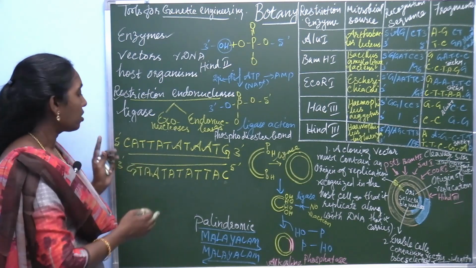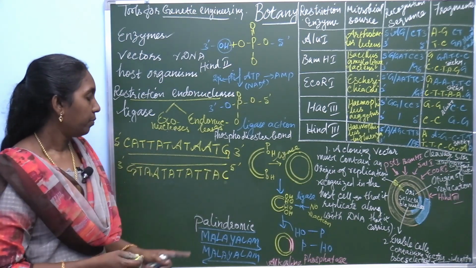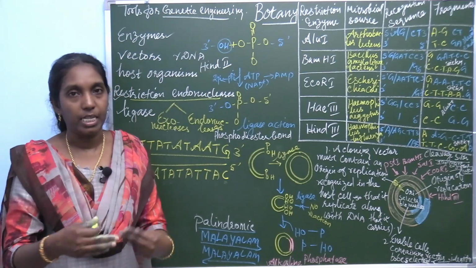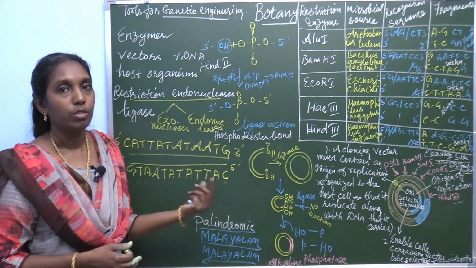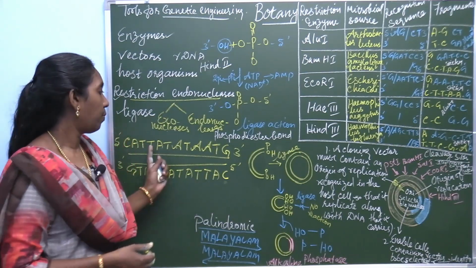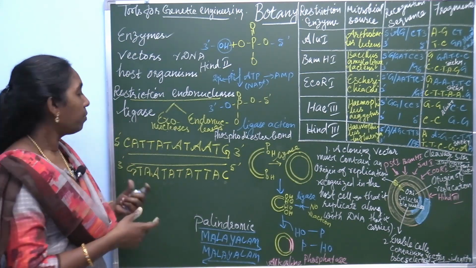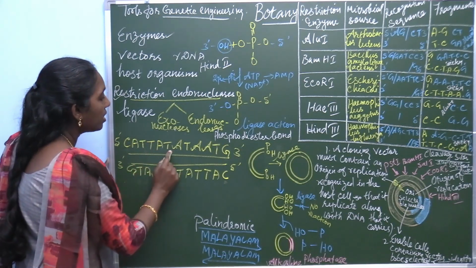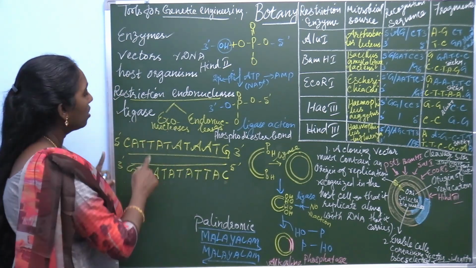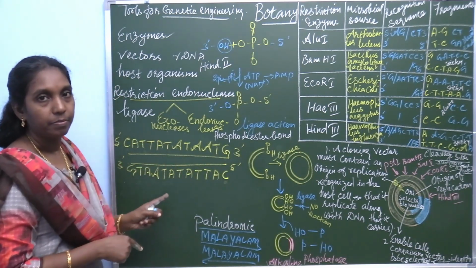So this sequence is called palindromic repeats. Sometimes a 2 mark or 3 mark question may ask about palindromic repeats. For your remembrance, you can read it as cat, tat, at, ot, g, and then write the complementary pair.